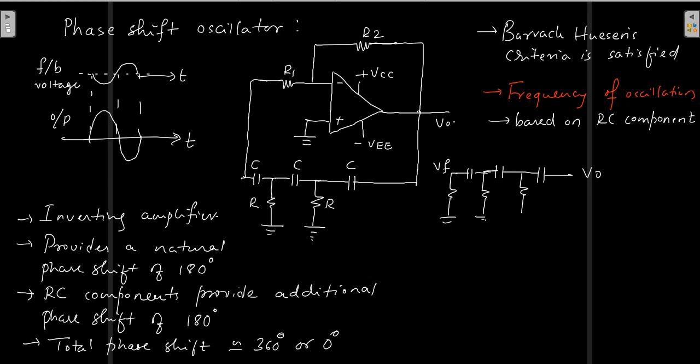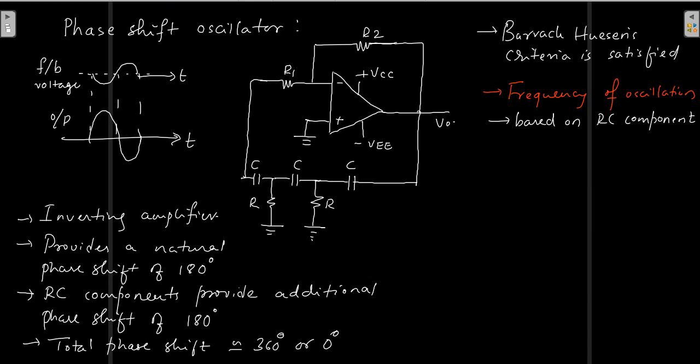If you take the ratio of V naught by Vf and convert it from the time domain into the frequency domain, you should be able to get the value of the frequency of oscillation. You need not take this down, it is given in the book. There is a big derivation for all those things, so let us not go into those details.